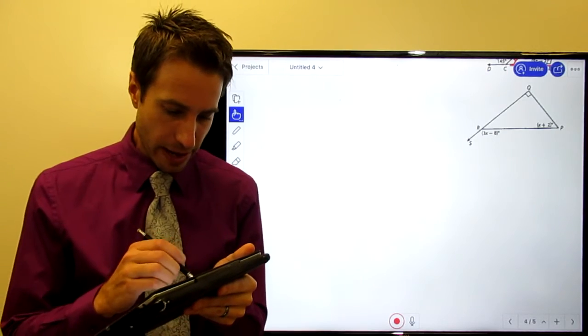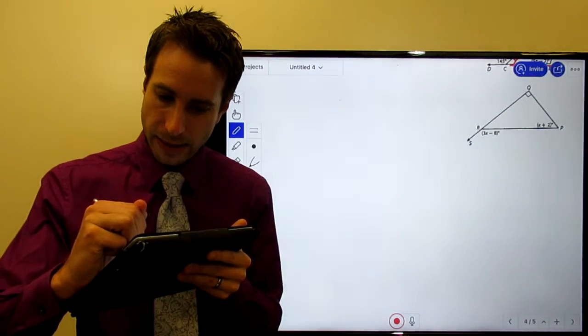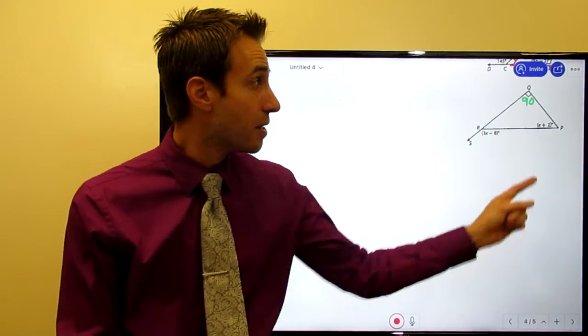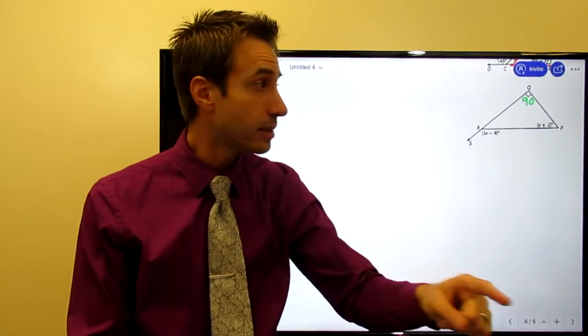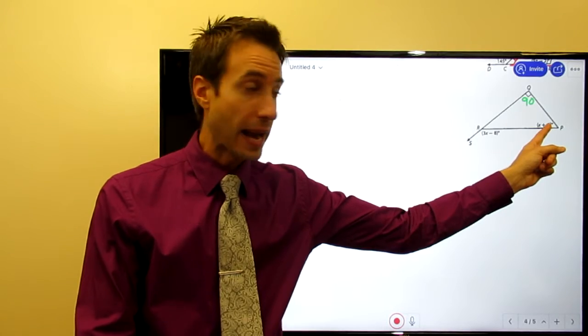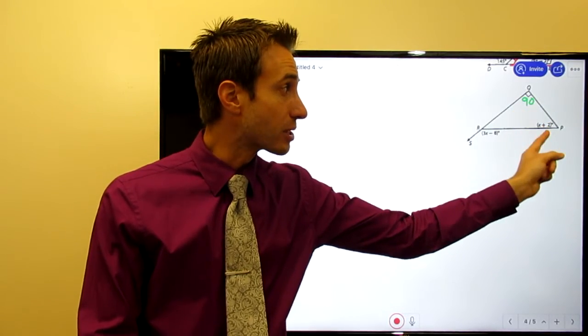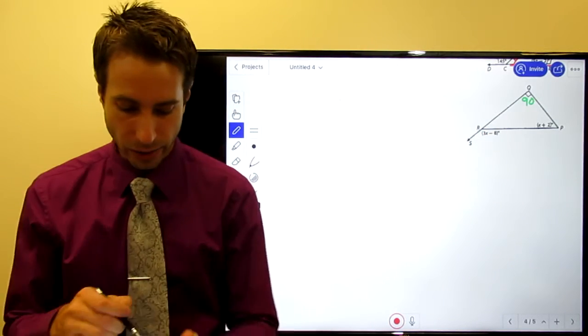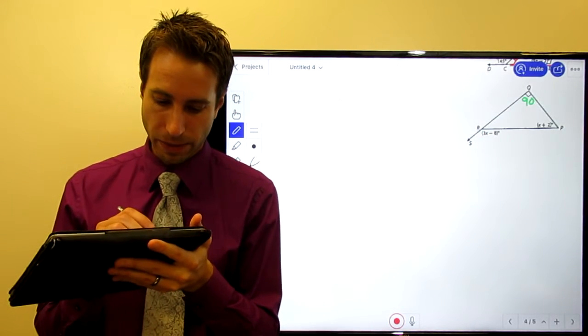You know that that little square means that angle is 90 degrees. That is a remote angle, and there's my other remote angle. If I add these two angles together, they have to be equal to my exterior angle. So that's exactly what I'm going to do.